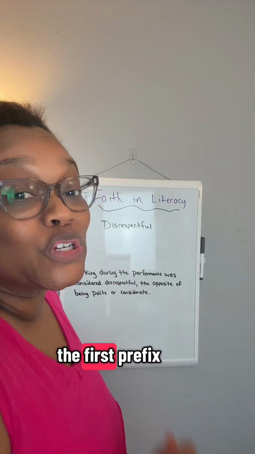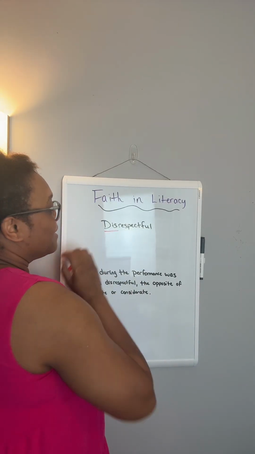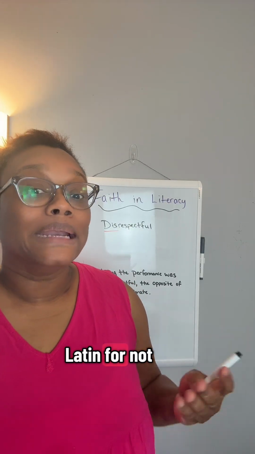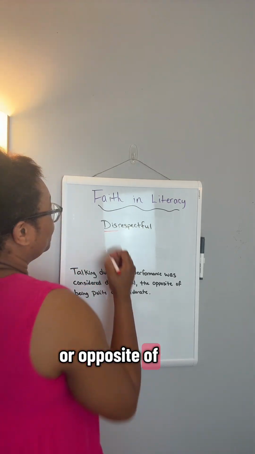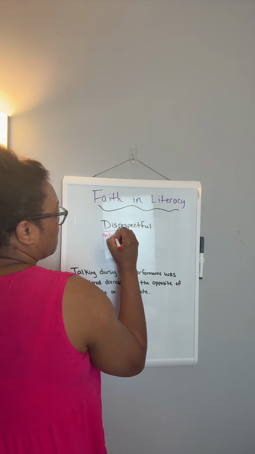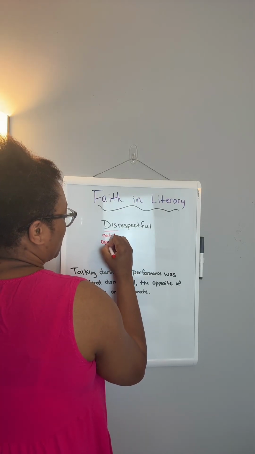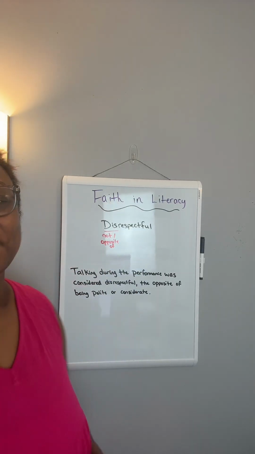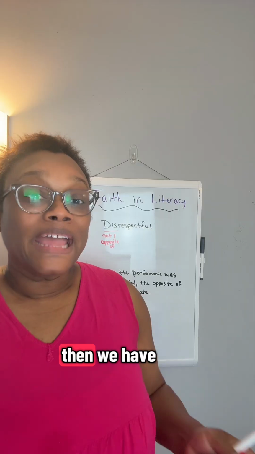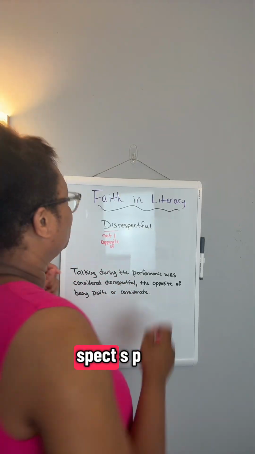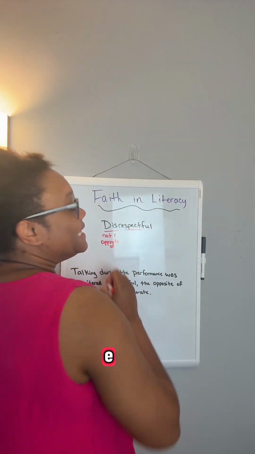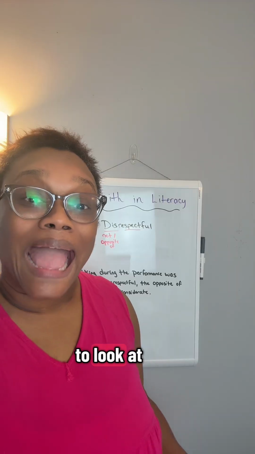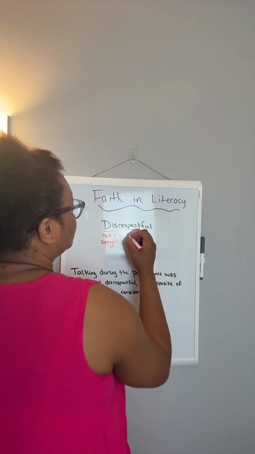So we have the first prefix, dis, D-I-S, which is Latin for not or opposite of. Then we have our root word spect, S-P-E-C-T, which again is Latin for to look at or to look.